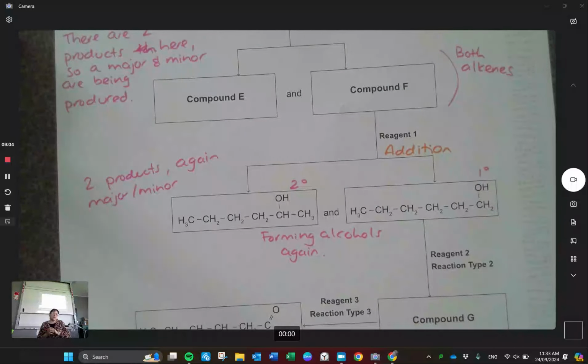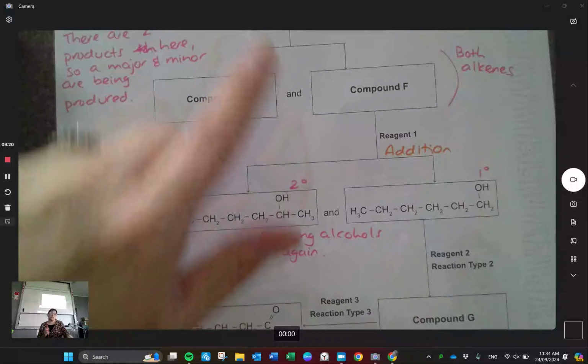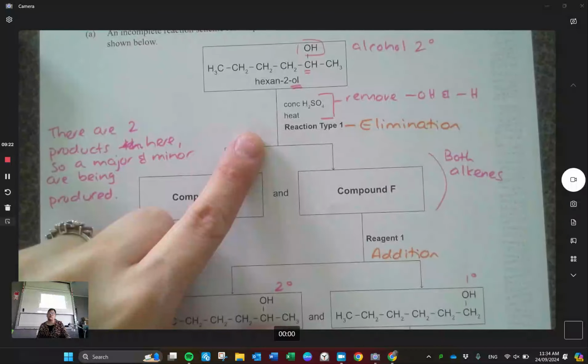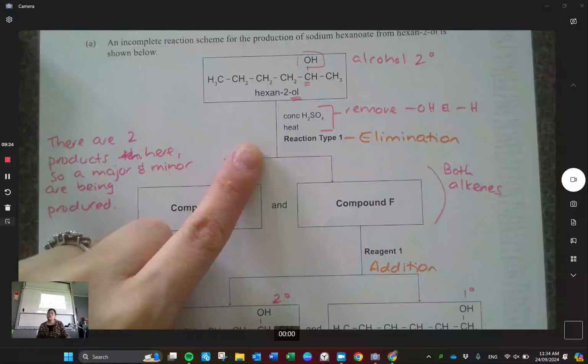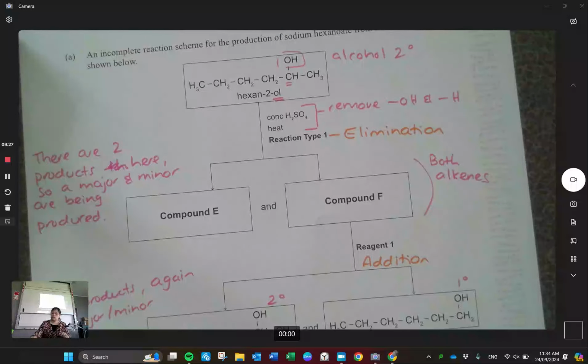So if I'm doing elimination, we have Zaitsev's rule and we have Markovnikov's rule. Markovnikov's rule states the rich get richer, and Zaitsev's rule says the poor get poorer. So which one am I using with this reaction here, Zaitsev's or Markovnikov's? Zaitsev's, because the poor is getting poorer. So this one here, we're using Zaitsev's.